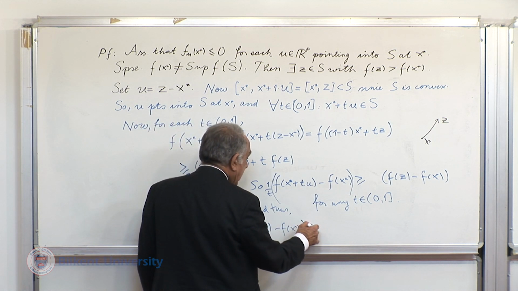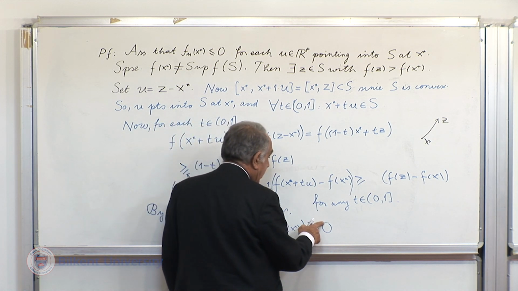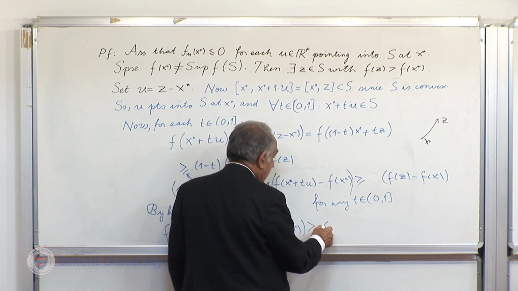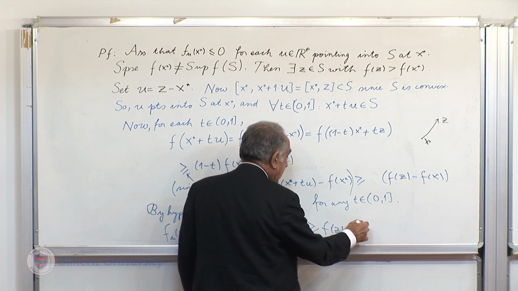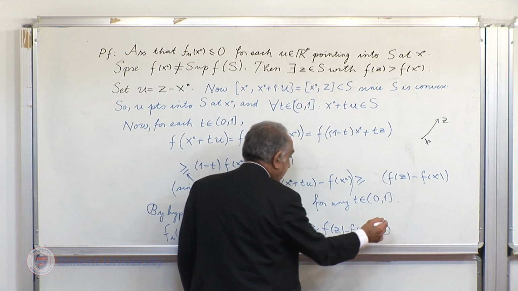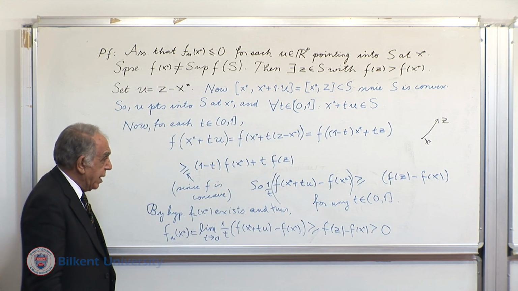But this is larger than or equal to f of z minus f of x star, which is positive, since f of z was supposed to be larger than f of x star.